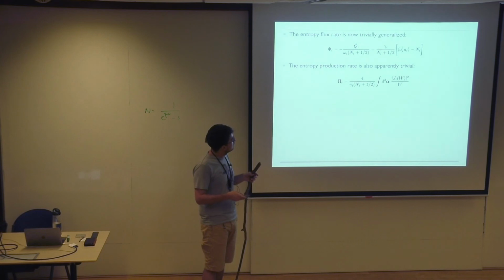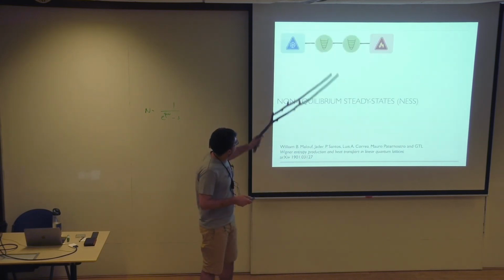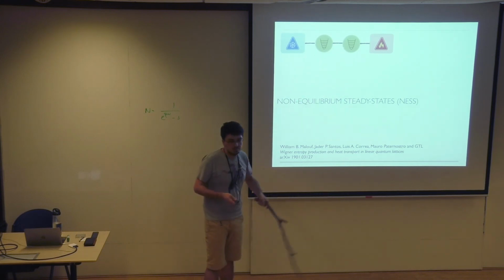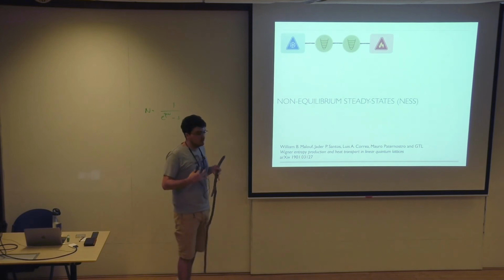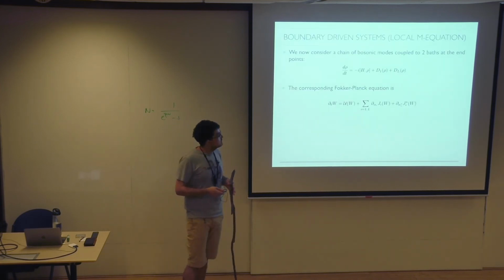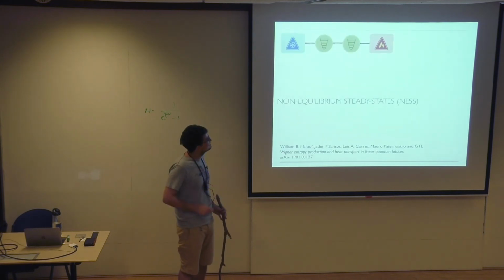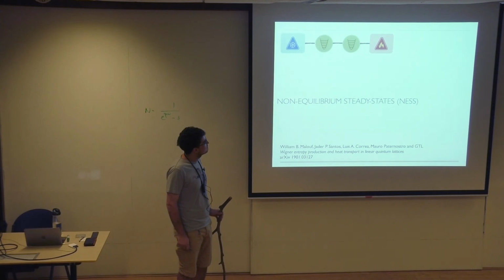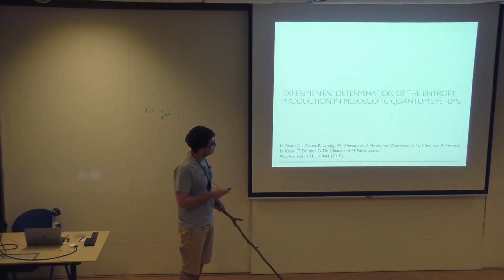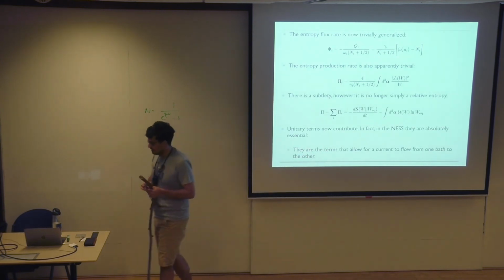If you didn't have these unitary connections, you wouldn't have a current. You would just have independent systems. So in the end, it's really the unitary terms which are responsible for maintaining this non-equilibrium steady state. So it's essentially these unitary terms which are responsible for maintaining an entropy production in the NESS, in the steady state.